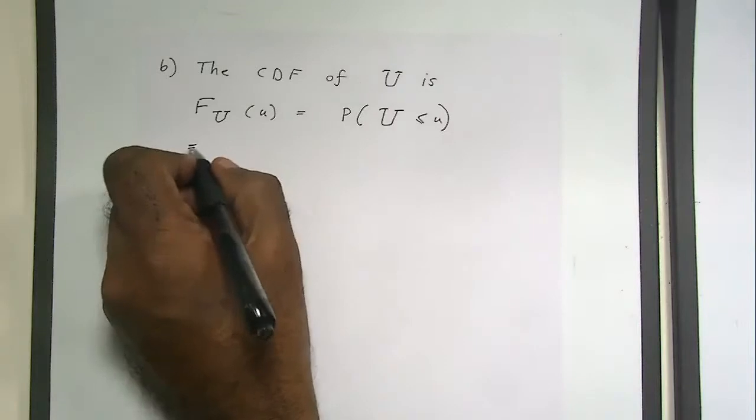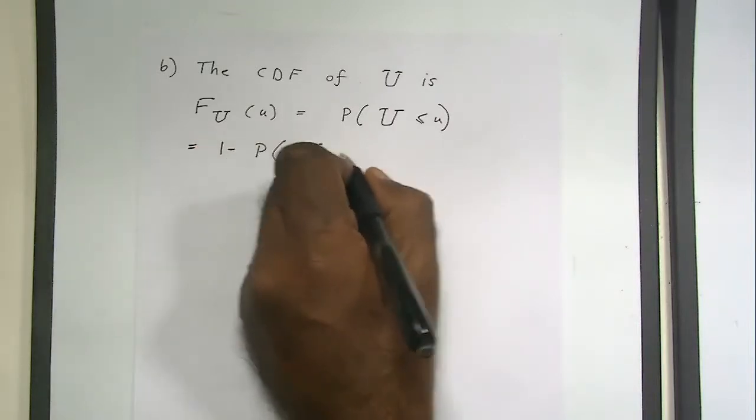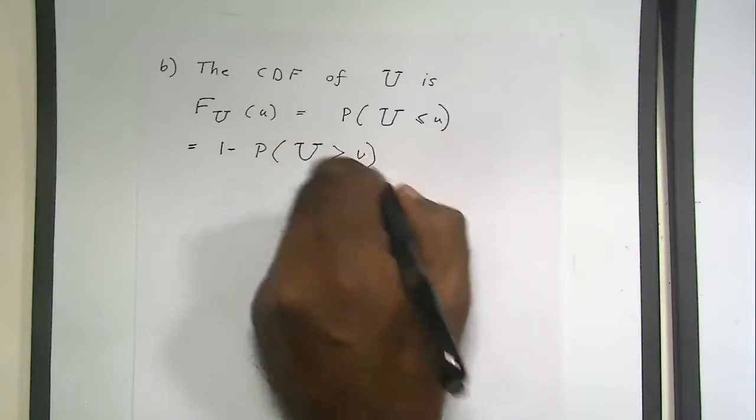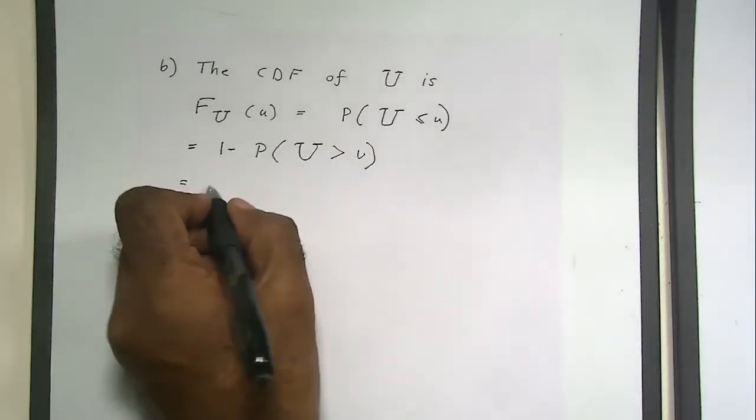And this you can write as 1 minus the probability that capital U is greater than little u, right?